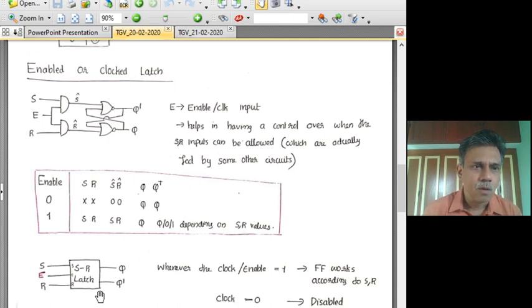Now, one thing that we have to note here is that in the case of an SR latch or an enabled or clocked SR latch, Q bar is the output from the NOR gate for which S cap, or S in the original unclocked latch, drives. Q is the output of the NOR gate for which R is the input.